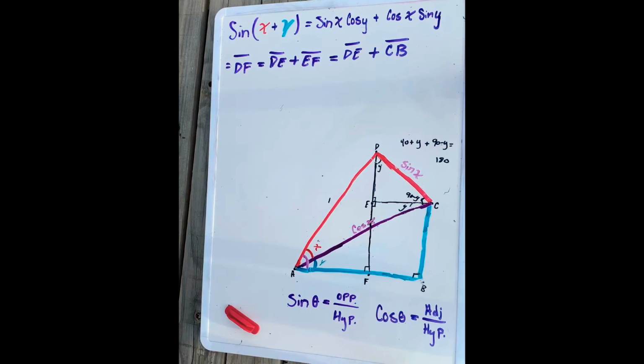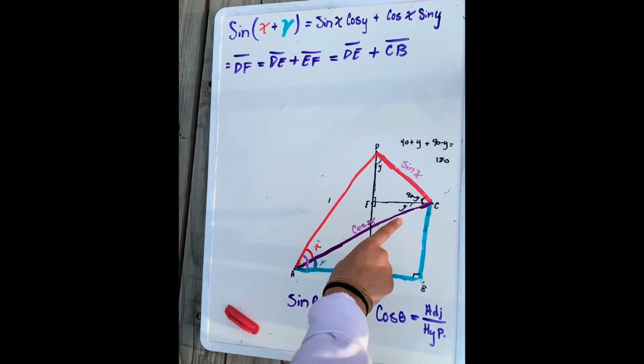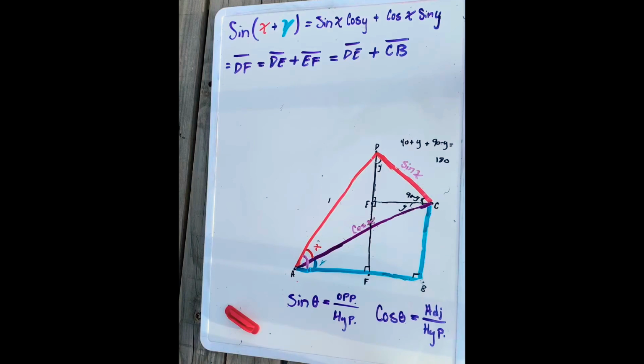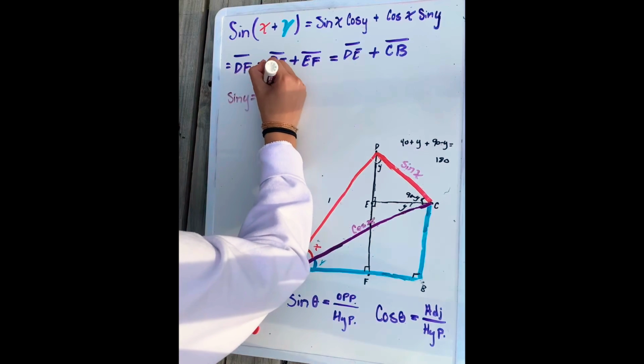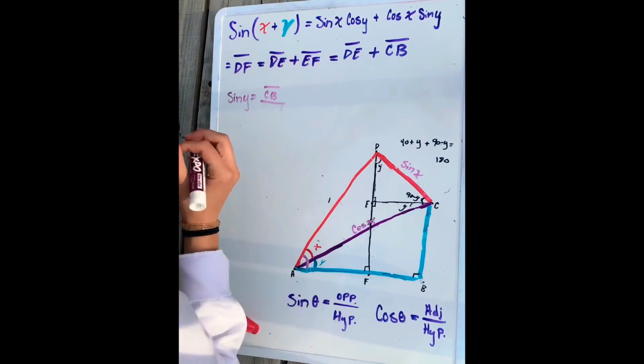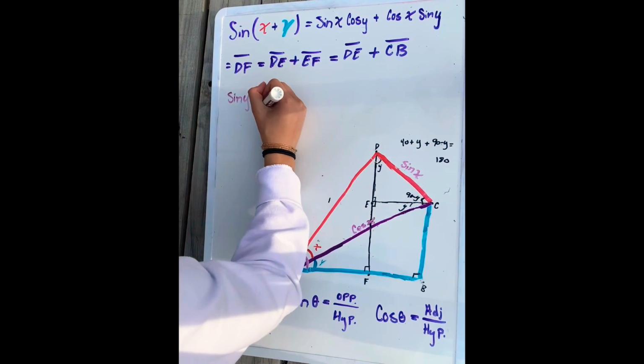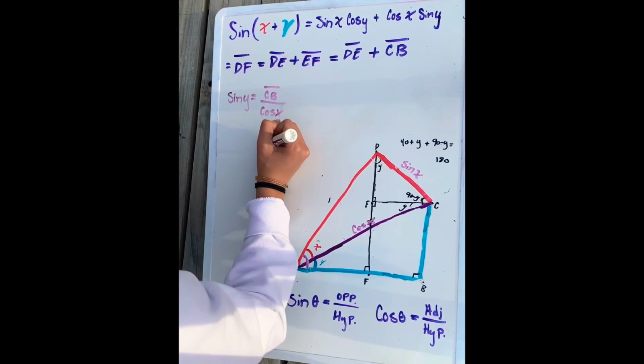All right, so with segment CB, it's opposite to y, and I have a hypotenuse of cosine x. So I know that sine of y is equal to segment CB over cosine x.